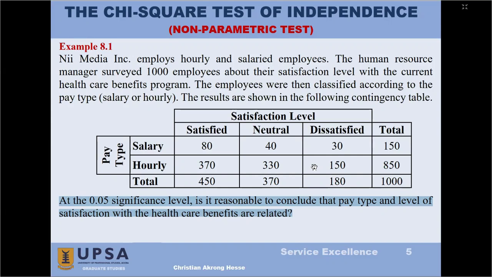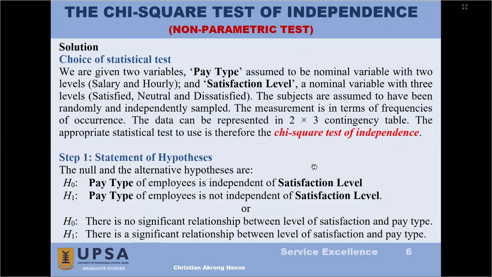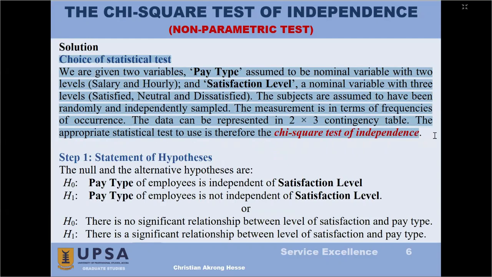So what are the 5 steps I gave to you? Step 1 is a statement of hypothesis. I told you with the MBA students, I don't require you to write the choice of test for now. So H0 says that there is no significant association between satisfaction and pay type.